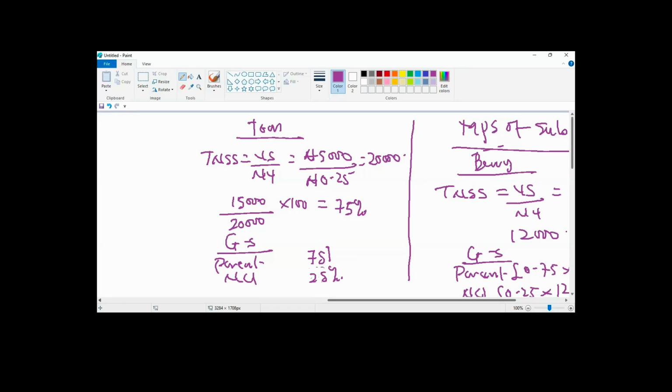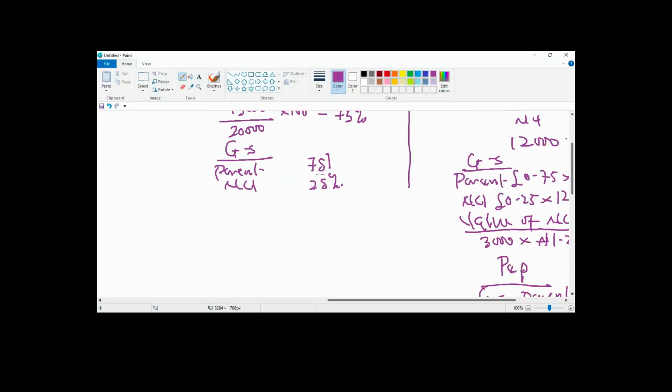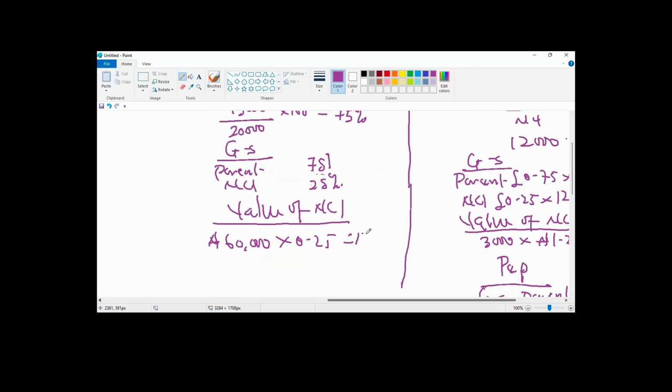So the value of NCI will be 60,000 times 0.25, which is 25%. What does it give us? 15,000. That's 15,000.